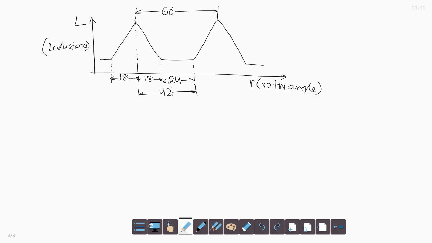After the alignment occurs, for 18 degrees inductance will decrease, and for 24 degrees, as shown here, there will be no change in inductance; inductance is at the minimum value.